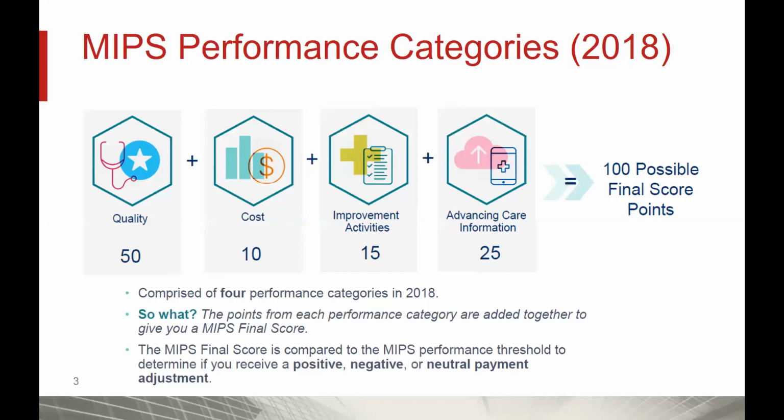Those points are totaled up to get to the 100 possible final score points. Based on your total performance score, you will earn a positive, negative, or neutral payment adjustment to your Medicare Part B professional payments. And as you can see, the cost category is worth 10 out of 100 of your MIPS points, otherwise known as 10% of your overall MIPS final score.